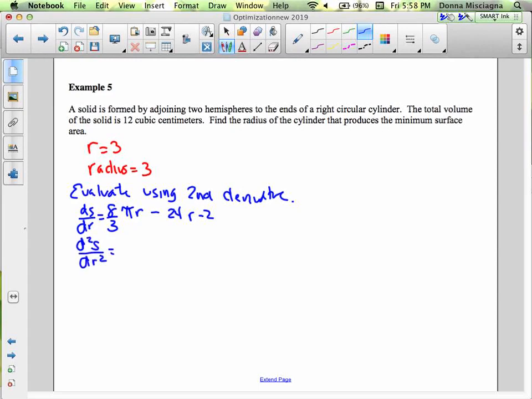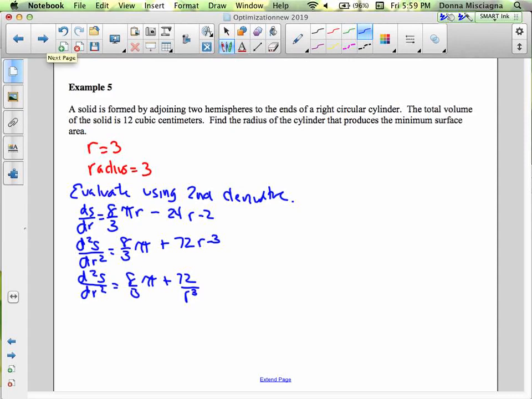The derivative of 8/3 pi r is just 8/3 pi, which is a constant. And then this would be plus 72 r to the negative 3. I'm going to simplify that: d2s/dr2 is 8/3 pi plus 72 over r cubed.